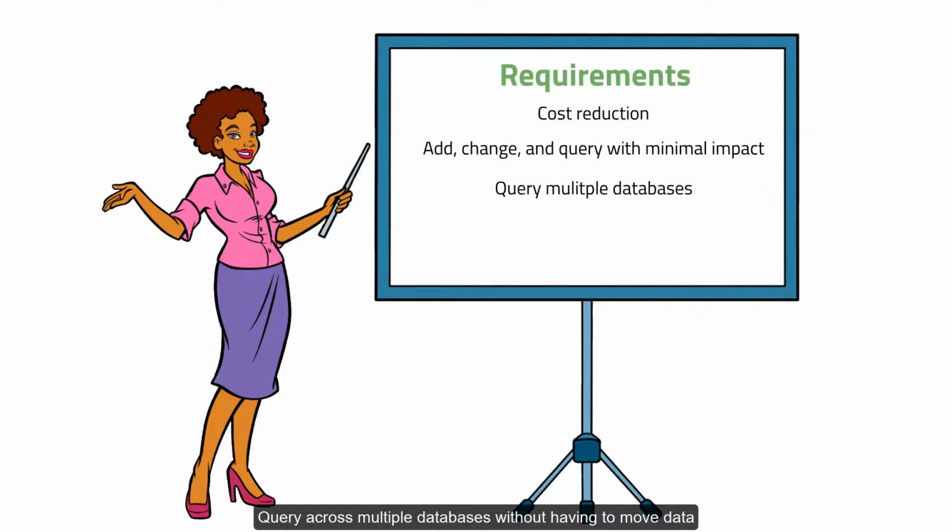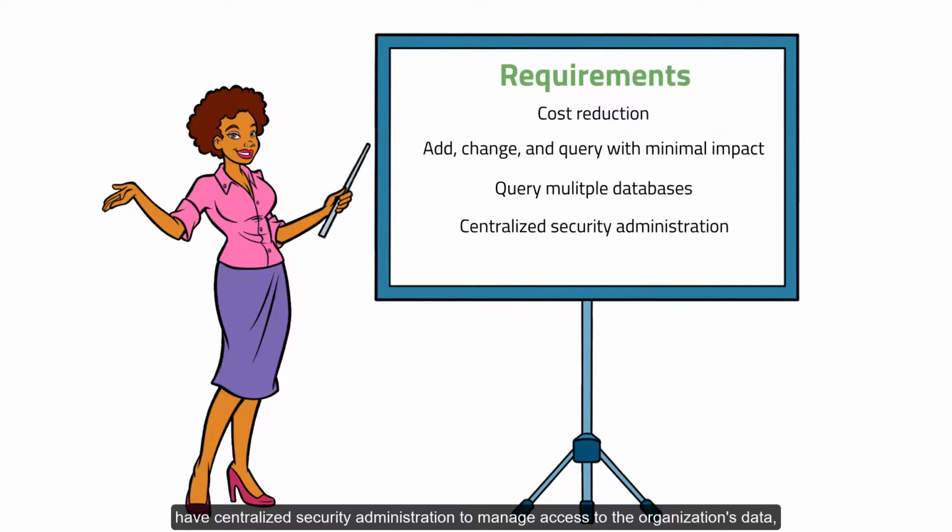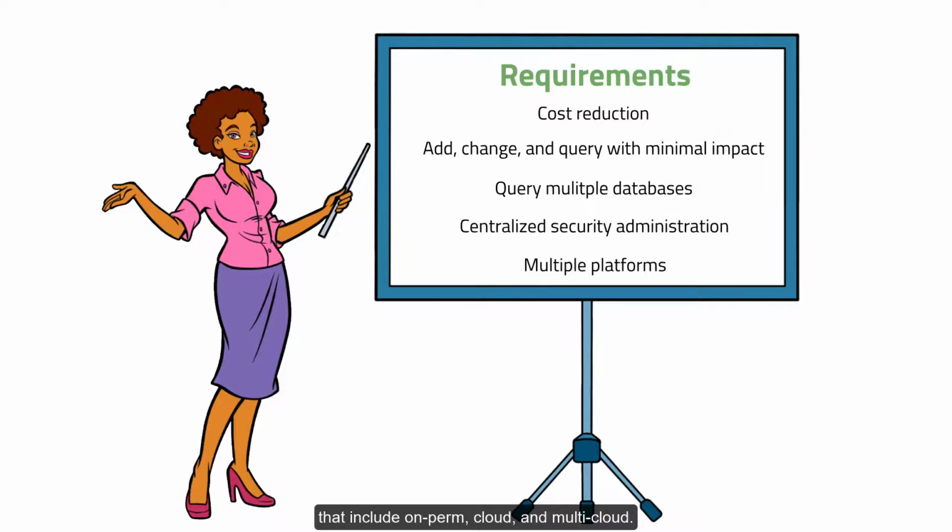Query across multiple databases without having to move data, allowing query data to remain in place. Have centralized security administration to manage access to the organization's data. And finally, manage data sets across multiple platforms that include on-prem, cloud, and multi-cloud.